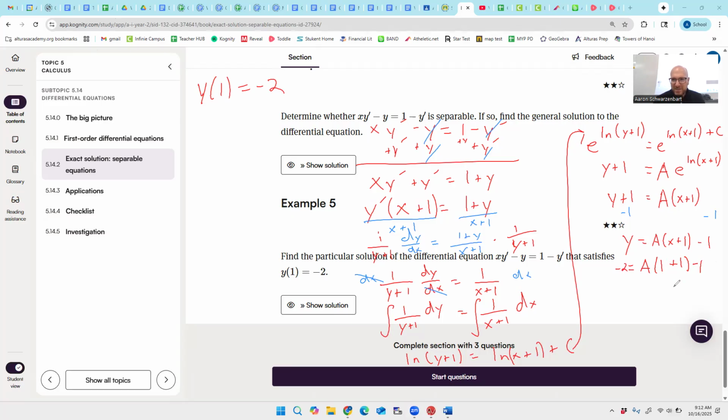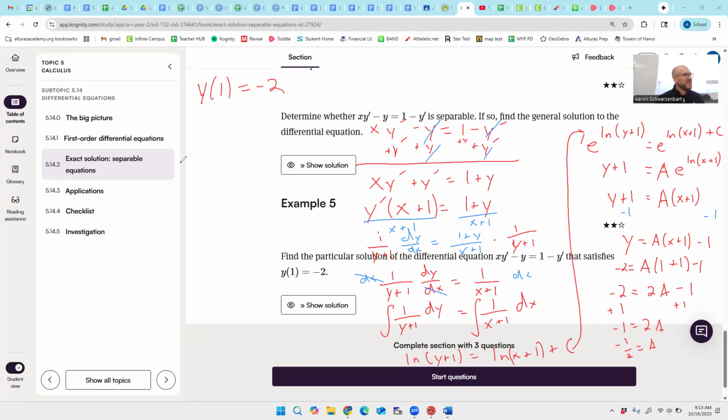So now I've got 2A minus 1 equals negative 2. Negative 1/2 equals A. What'd you get, 2 in? 1 plus 1 is 2.